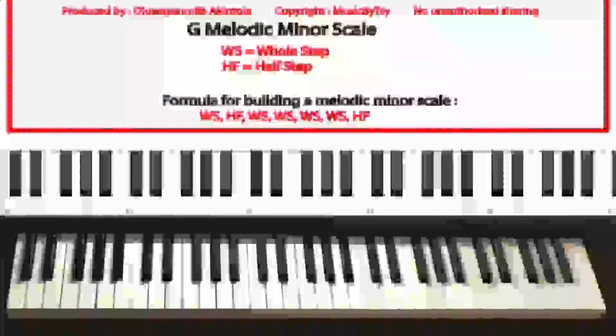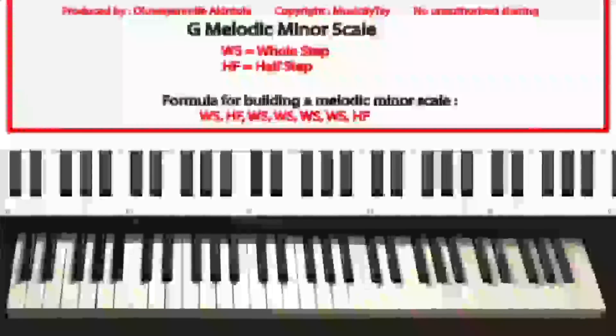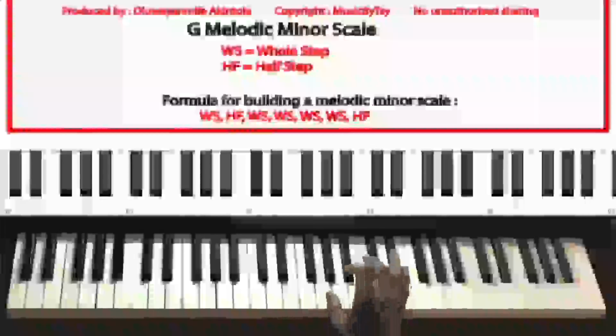Also, we're going to increase the 7th note of the G natural minor scale by a half step. And this is going to give us the G melodic minor scale. So yeah, let's do that.